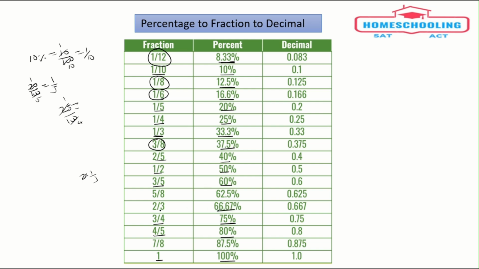So 66.66% would be 2 divided by 3. Then 62.5% is 5 by 8, and 87.5% is 7 by 8. So you have to remember these, because the percentages are simple and the fractions are also simple, so you can easily remember them.